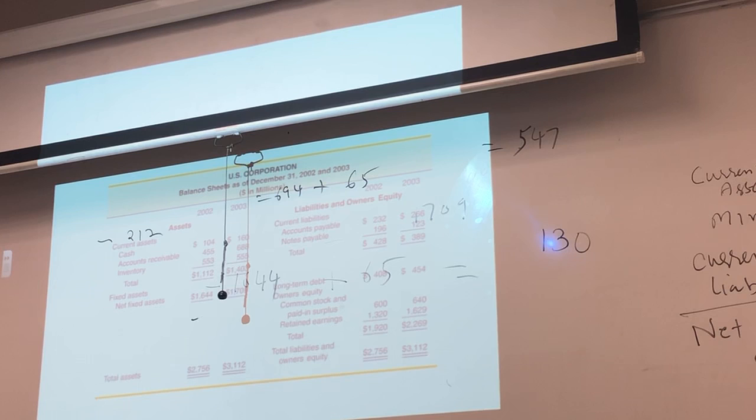So can you tell me what the differences are here? Is it 684 here? Yes. And 1014 here? Okay. So here is something you want to understand. Last year the firm had 684 of net working capital.